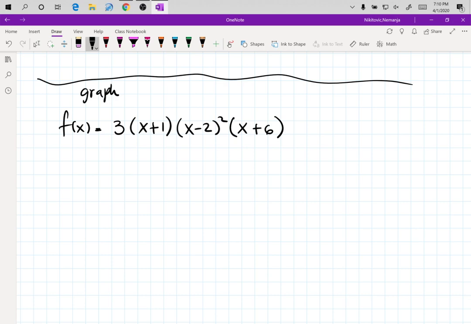So how many roots do I have? How many zeros? Well, I have 4, because x is negative 1 with multiplicity 1, x is equal to 2 with multiplicity 2, and x equals negative 6 with multiplicity 1.